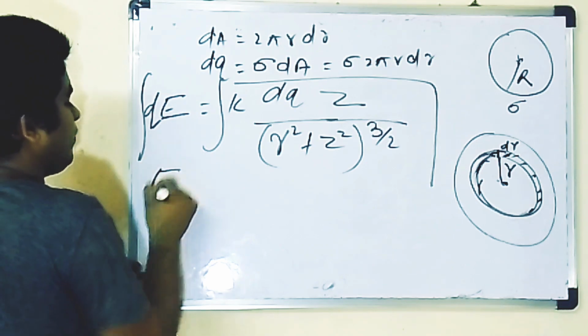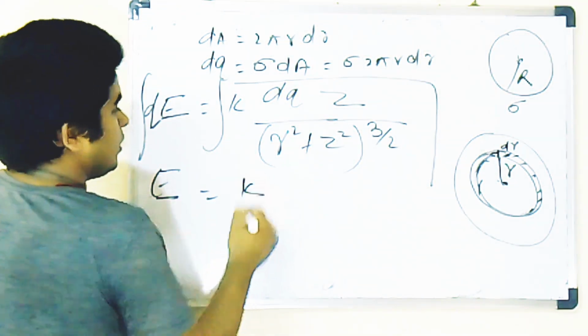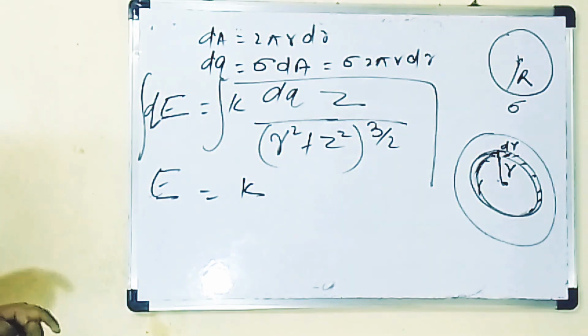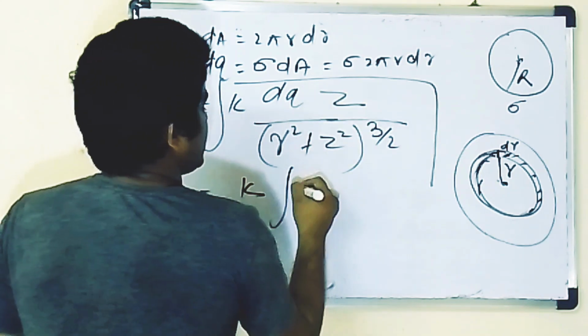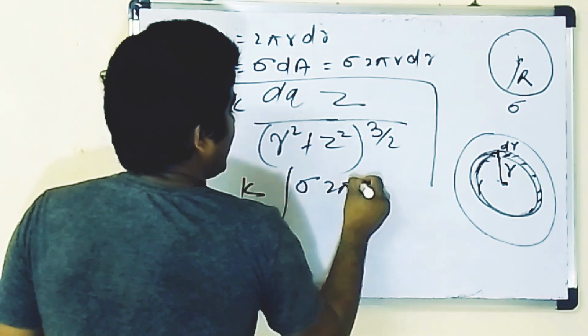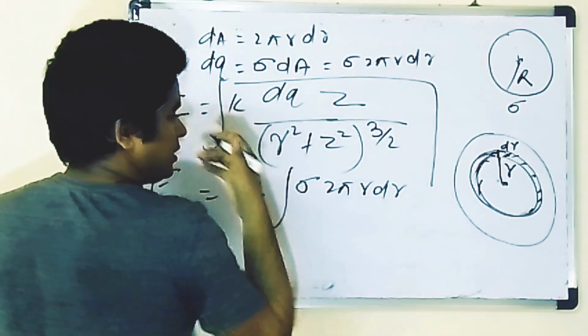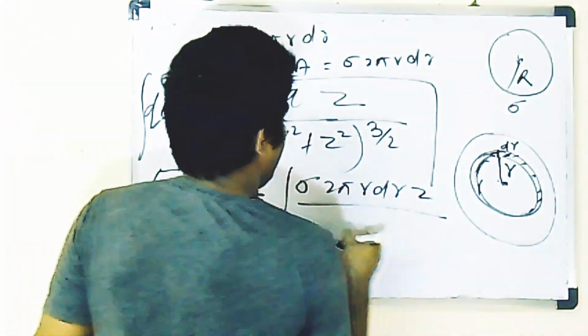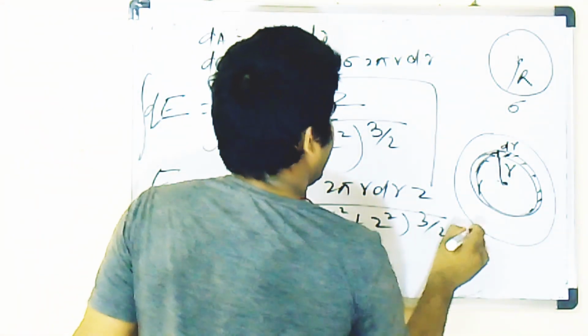So what is the electric field? It equals k outside, integration of dq, which is sigma 2 pi r dr, times z divided by r square plus z square power 3 by 2.